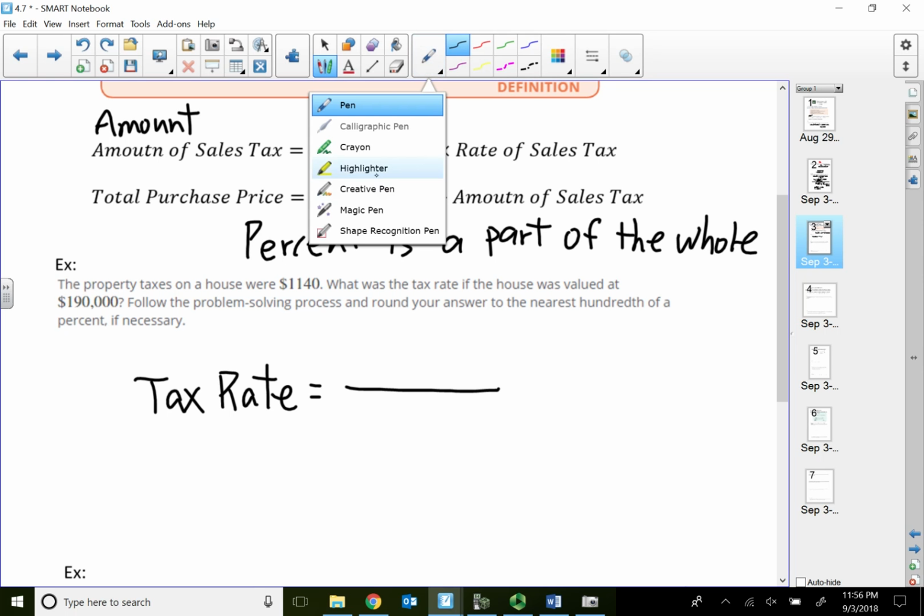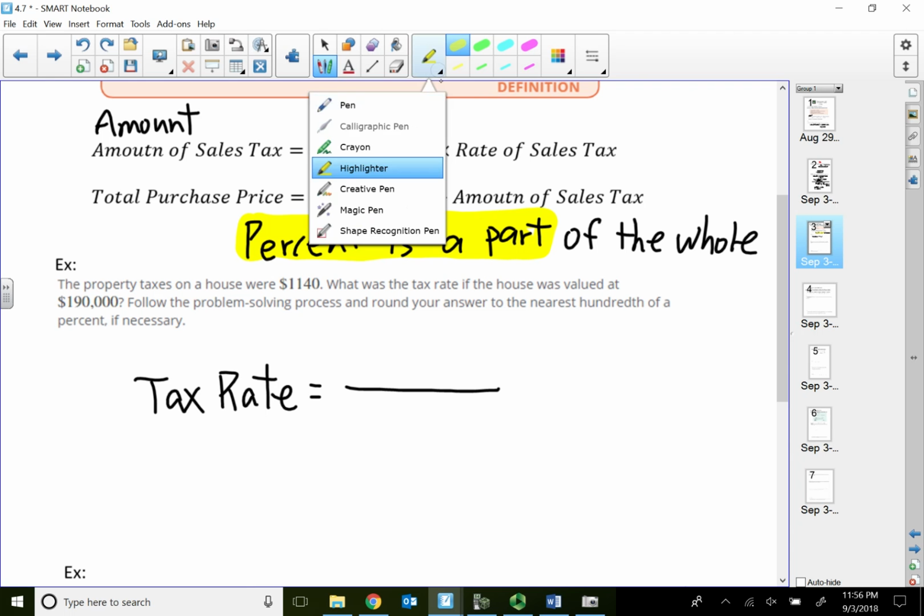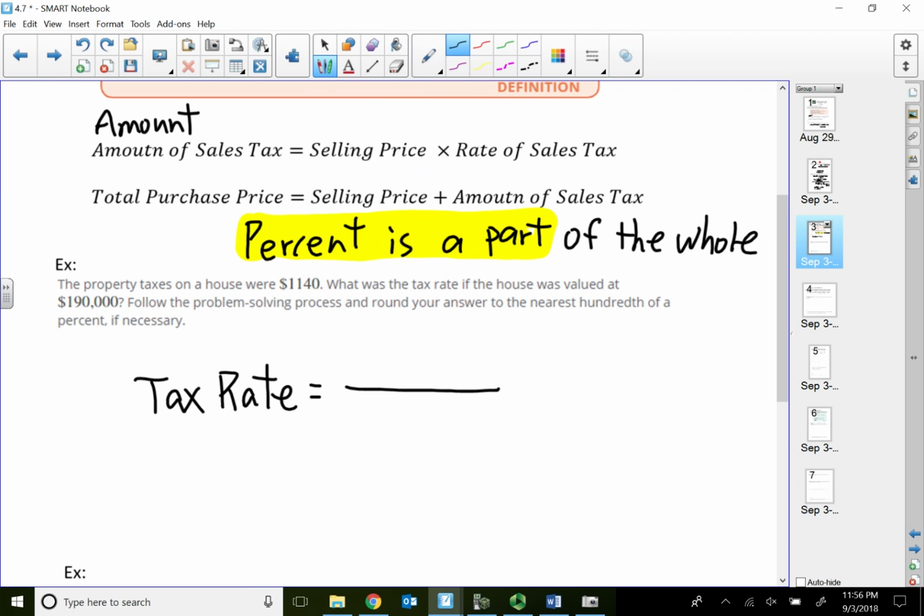But if you read closely, percent is a part, that means percent and the part represent the same thing, just in two different units. One of them is in percent, one of them is in terms of whatever, maybe money for this particular example. So when it says tax rate here, this is percent.